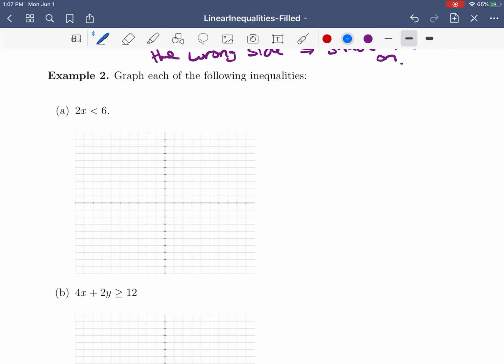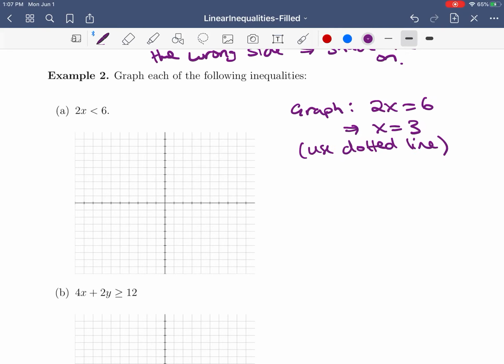Okay, so 2x is less than 6. So our first step is graph 2x equals 6. Okay, this is the same as the equation x equals 3. Now we're going to use a dotted line because we don't have equality here.